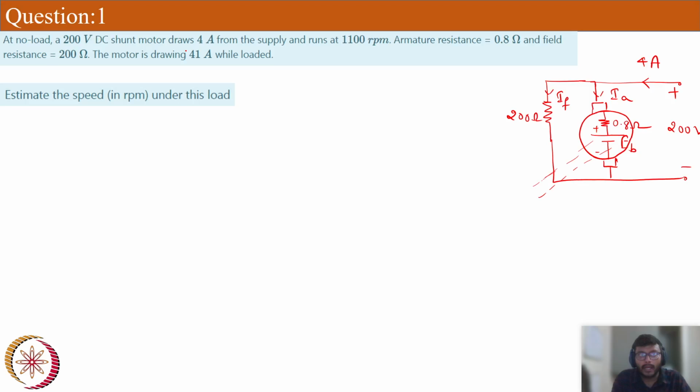In no load condition, the supply is drawing 4 amps, minus 1 as the field current, so 3 amps is my armature current. Now in the loaded condition, it was given in the problem that my supply is drawing 41 amps. Field current is again the same. So now I have IA1 and IA2.